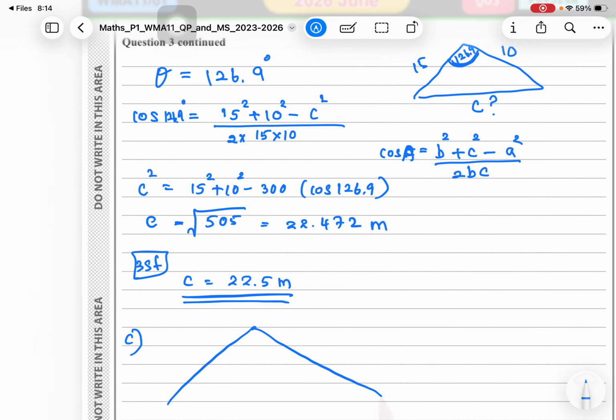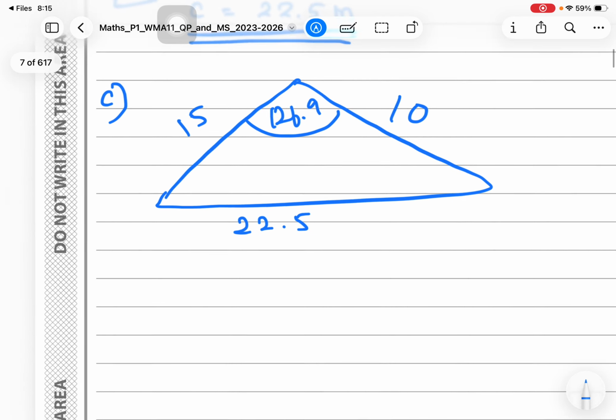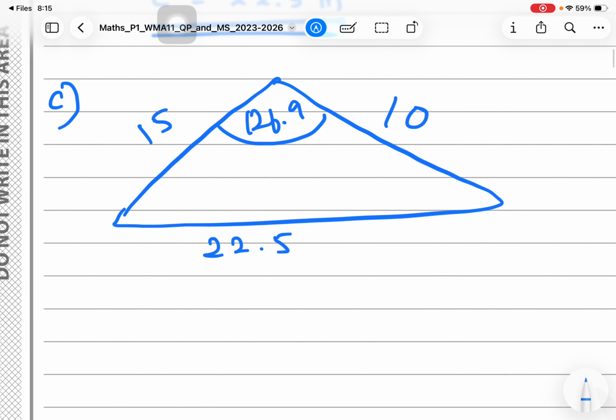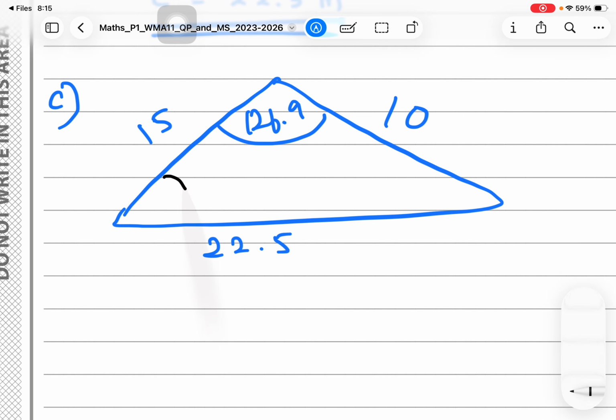The triangle you have has 15 here, 10 here, and 22.5 here, and this is 126.9. These are our real values. Now let me take another color. The smallest angle will be corresponding to this.